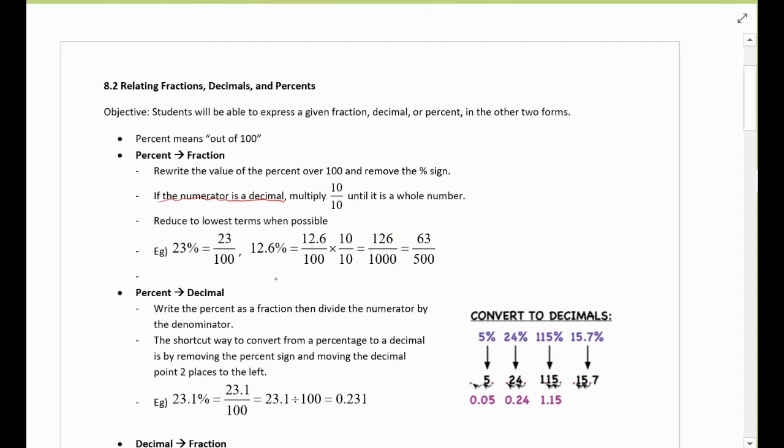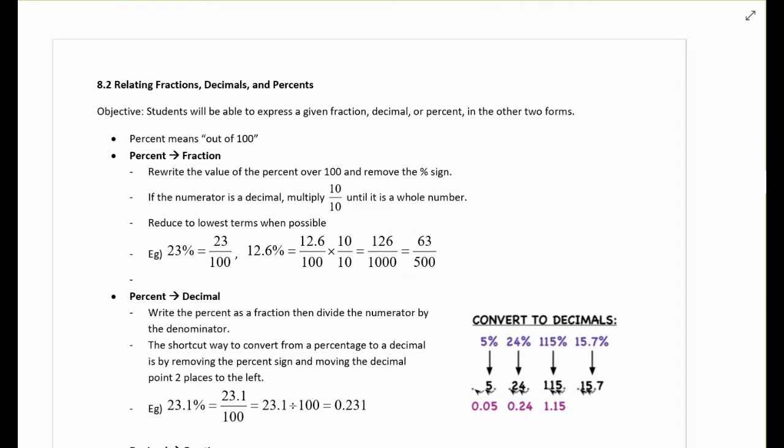And we always need to reduce to lowest terms when possible. So for the simplest form, you divide both numbers by 2. 126 divided by 2 is 63. 1,000 divided by 2 is 500.